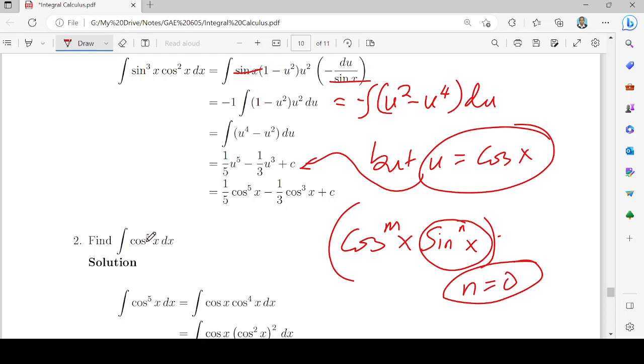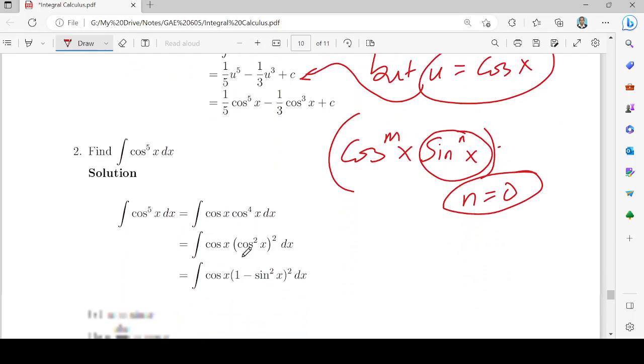We notice that the power is odd, so we are going to break it down. Cosine of x times cosine of x raised to power 4. 4 is even, so we can write it as cos squared x raised to the power of 2, which we then replace now. Remember, we had cos squared x plus sine squared x is equal to 1.